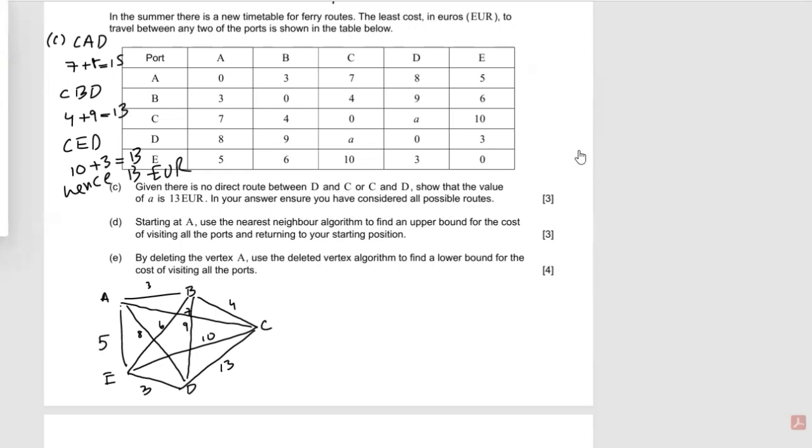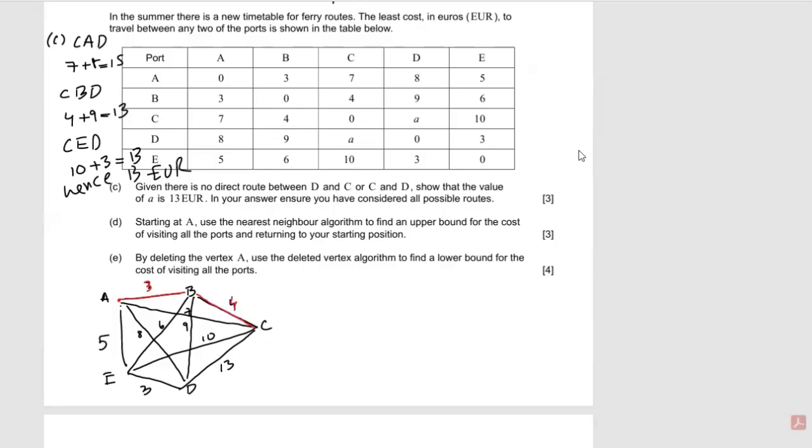Now, we need to be careful in these kinds of questions. So let's take a look at this carefully. We start at A because they have given A. So the nearest possibility is B, right? So that is one possibility. And then the next closest possibility from B is C. Okay, let's go.